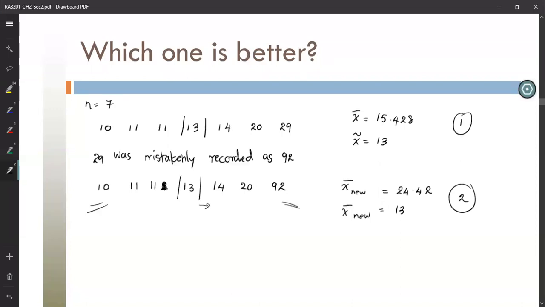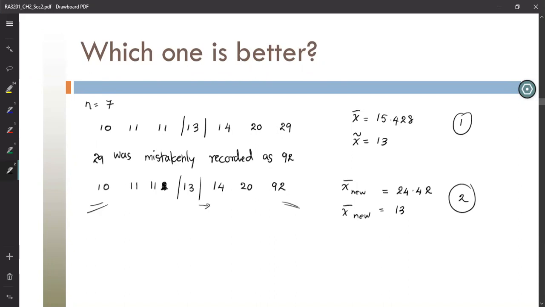So any difference that you make to the values of the data set, even in the middle or in the tails, anywhere, the mean will be changed by a considerable amount. So that is the difference between the mean and the median.